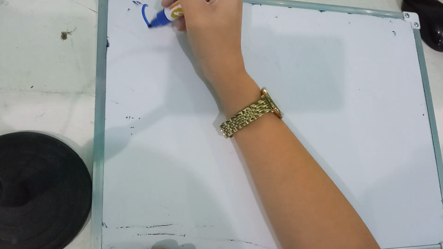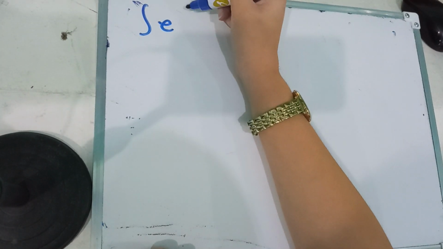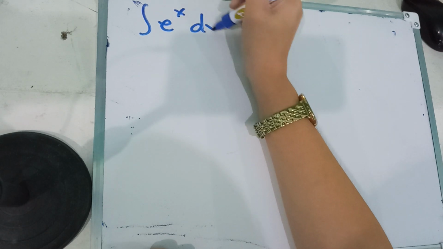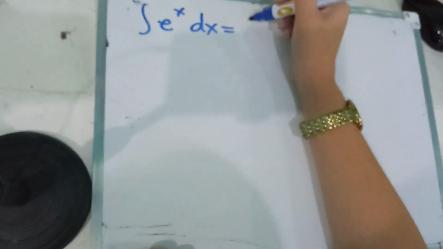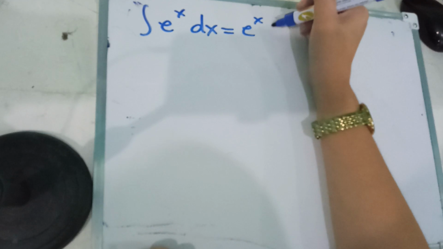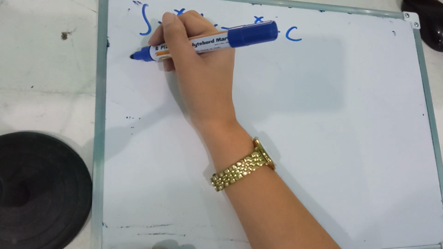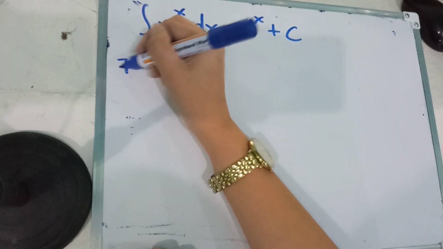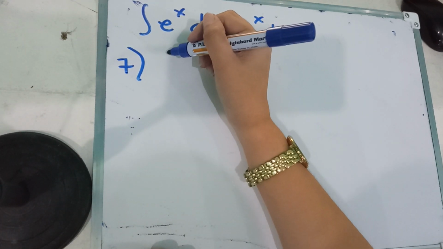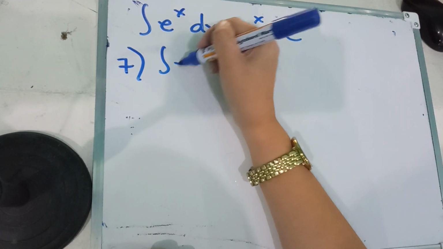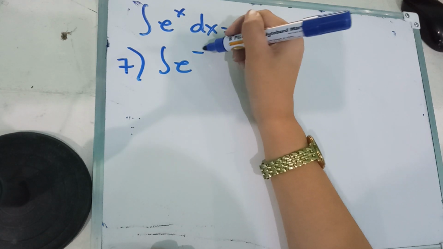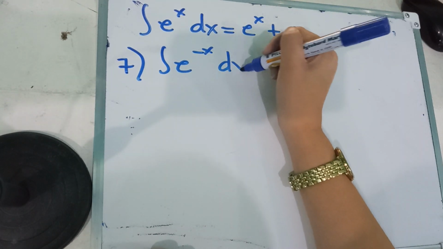Now for example number 7, let's proceed to exponential functions. Again, the general rule is the integral of e to the power of x dx is simply e to the power of x plus c. So for example number 7, let's have the integral of e to the power of negative x dx.